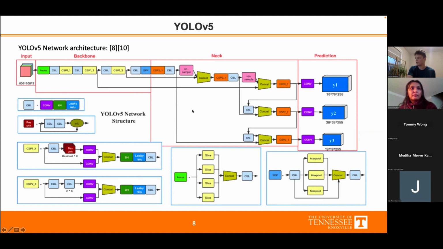I believe YOLO V1 was the exception, and potentially other YOLO variants, where it had a leaky ReLU for all the layers except the final layer, where it was just a linear function. But as far as I could tell with V5, it was all the leaky ReLU activation function.